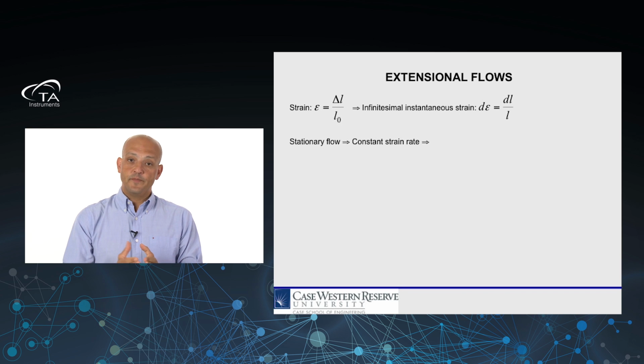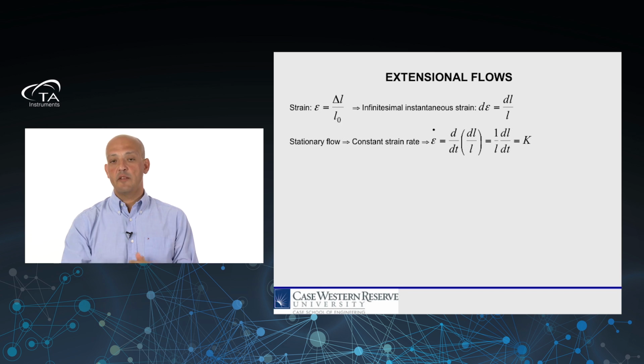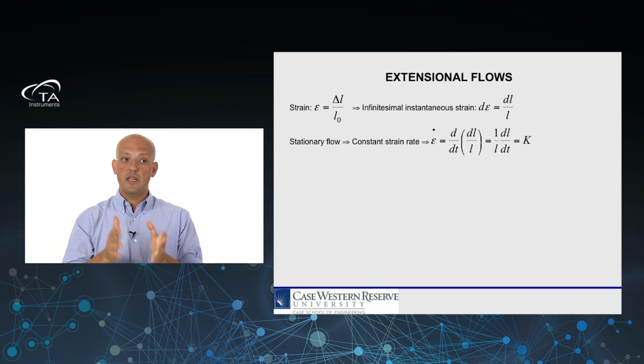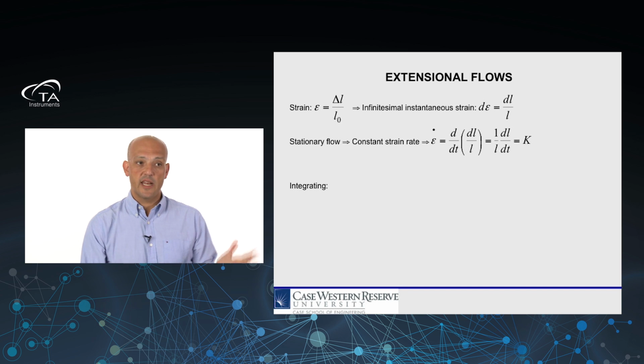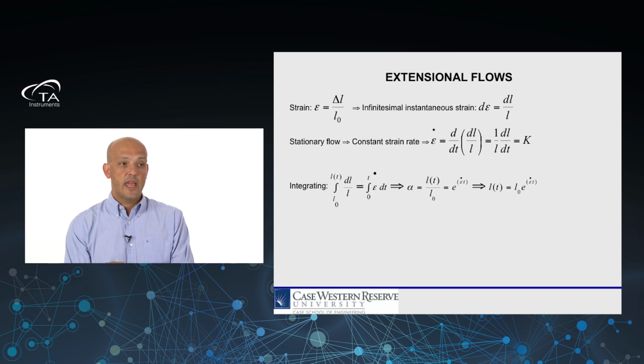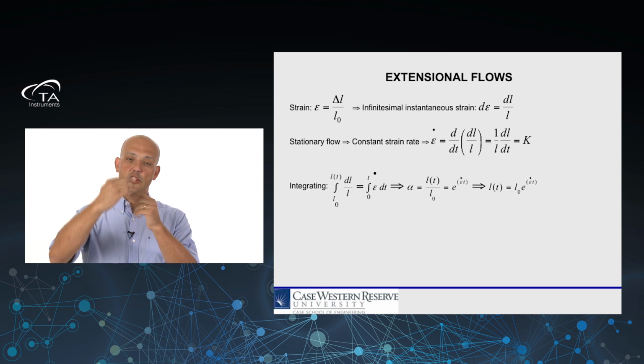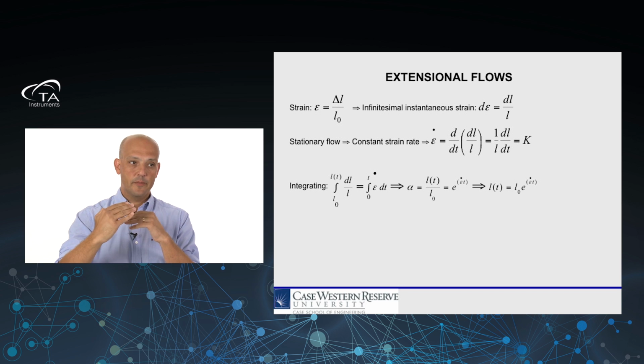If we have a stationary flow, we have a constant strain rate, so that means that the time derivative of that infinitesimal instantaneous strain needs to be a constant. So we end up with the expression 1 over L dl dt equals k. Now we can integrate this. We put everything with L on one side, everything with t on the other side, and on the left we integrate between the original length, L0, and the current length at time t, Lt.